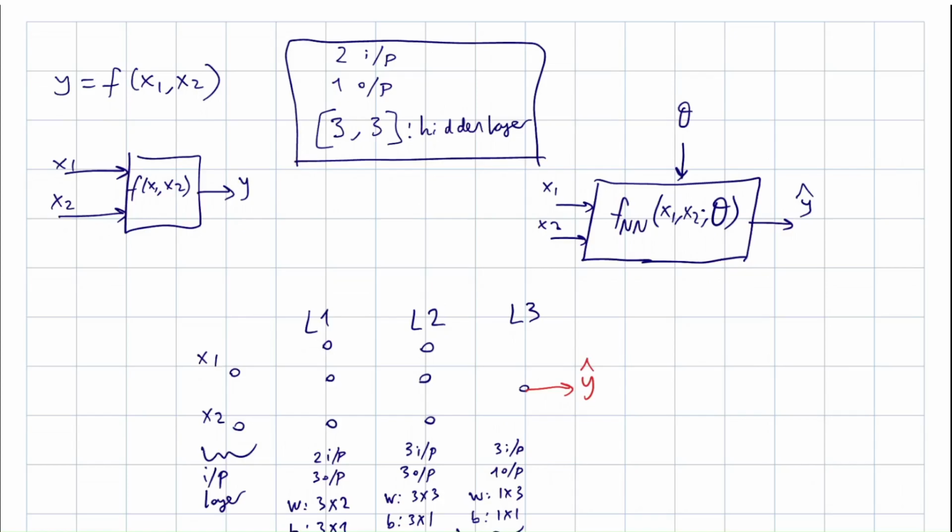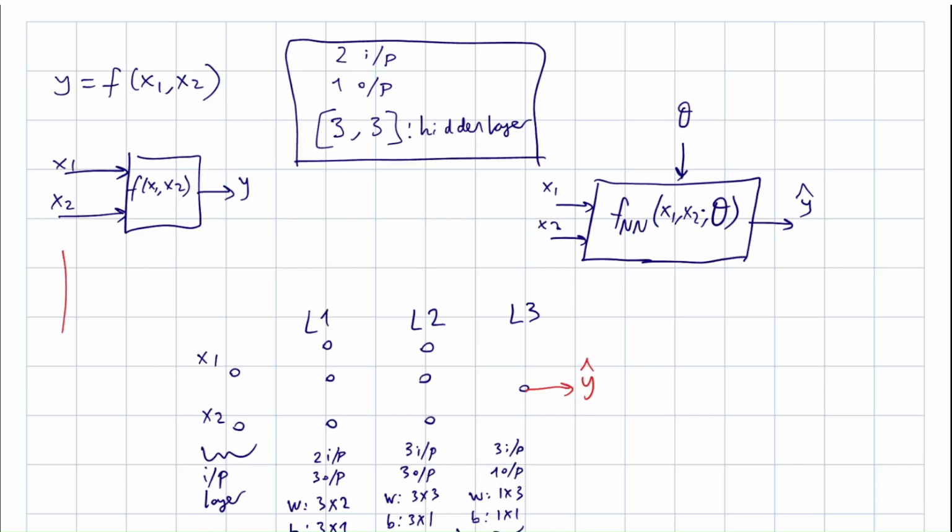Okay, so gradient descent, we are going to look at an example. Here we have a function of x1 and x2. We have two inputs and one scalar output. All right, f of x1, x2, this is a function, right?